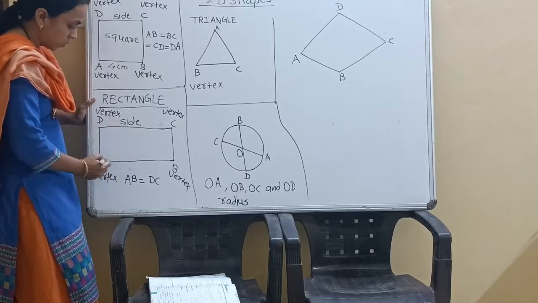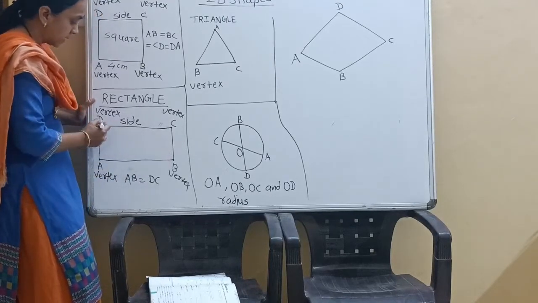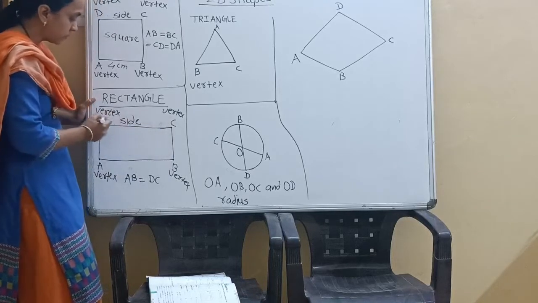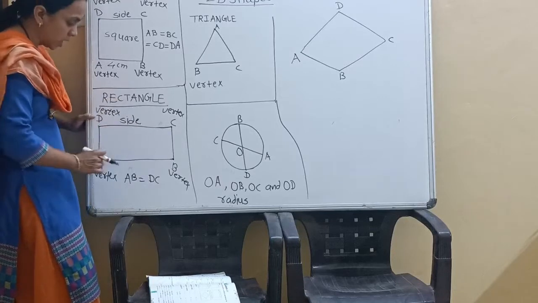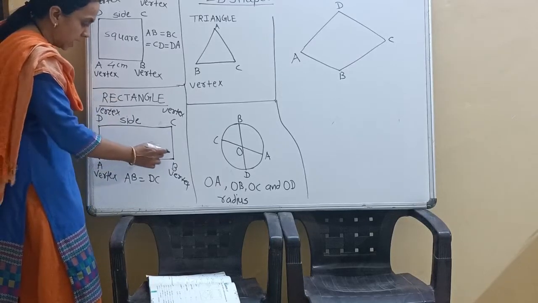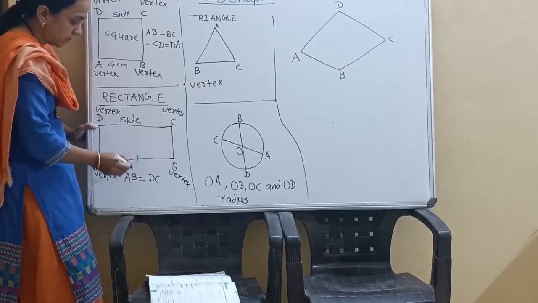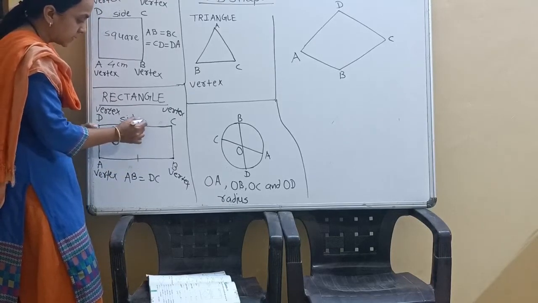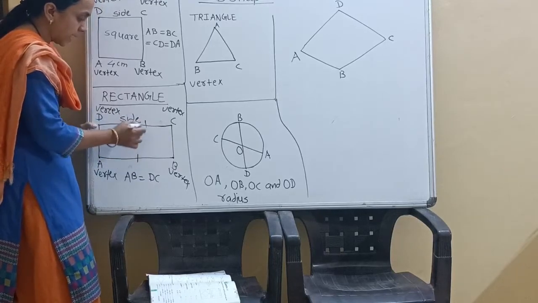This here is side AB, and this is side CD, or we can say side DC also. No difference at all. So AB equal to DC means this AB side and this CD side are the same.